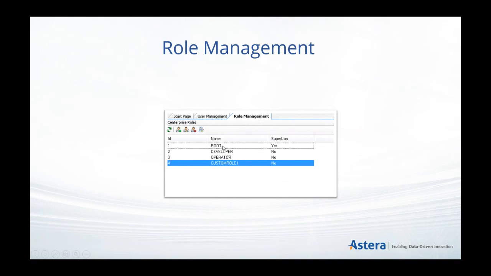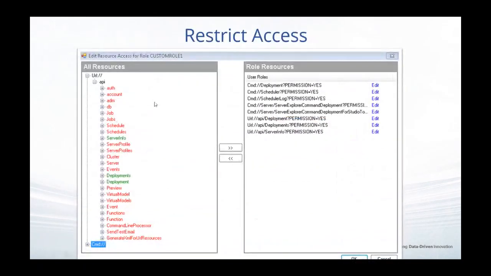The root, which is the super user, might be one person who just sets it up. And then the operator might be the person who is monitoring job information, making sure that jobs are running when they're supposed to be running. And if that's not enough, and I need to make a custom role or edit these, I can do so using the access control screen.